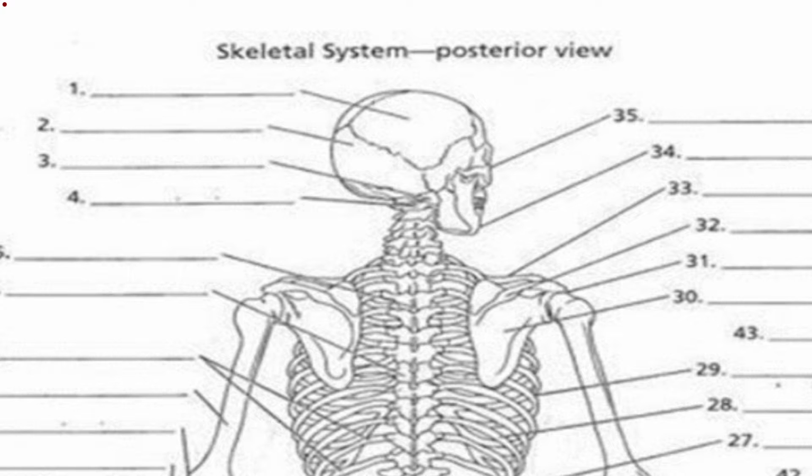This is still parietal bone here. This back here is an occipital bone. And then the first two vertebrae here are C1 and C2.